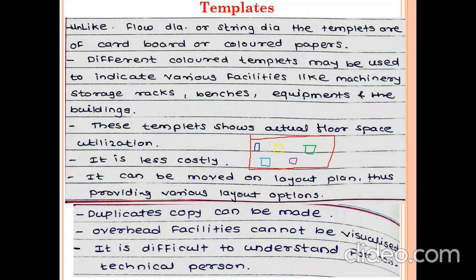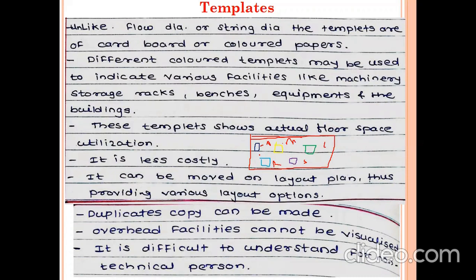Let's say yellow color is the office building, I will say here office O. Blue color is a machine M. Green color is canteen C. This particular one is store, and this is the raw material R. So in this red color boundary, this many shop floors are there, and this much area is utilized.